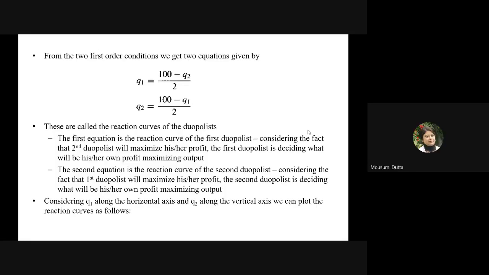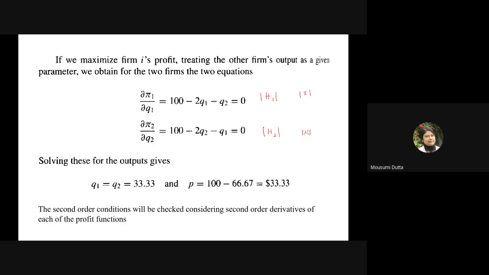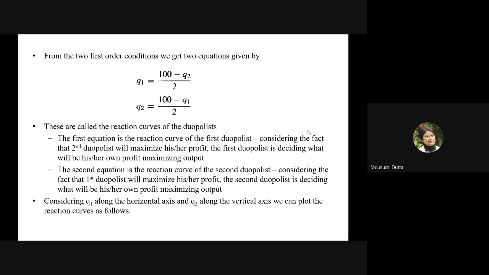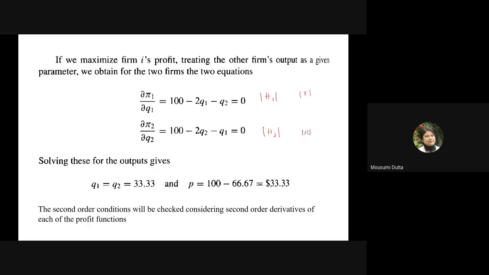Now here I have to mention one more thing in the context of oligopoly. Here there is an important concept of reaction curve. From the first order condition, I can write the equation for the first firm: 100 minus 2Q1 minus Q2.